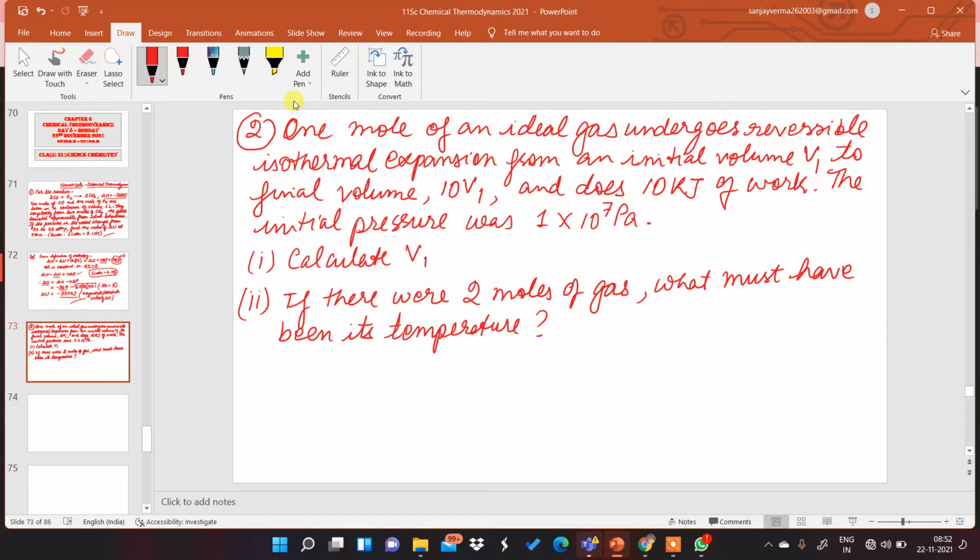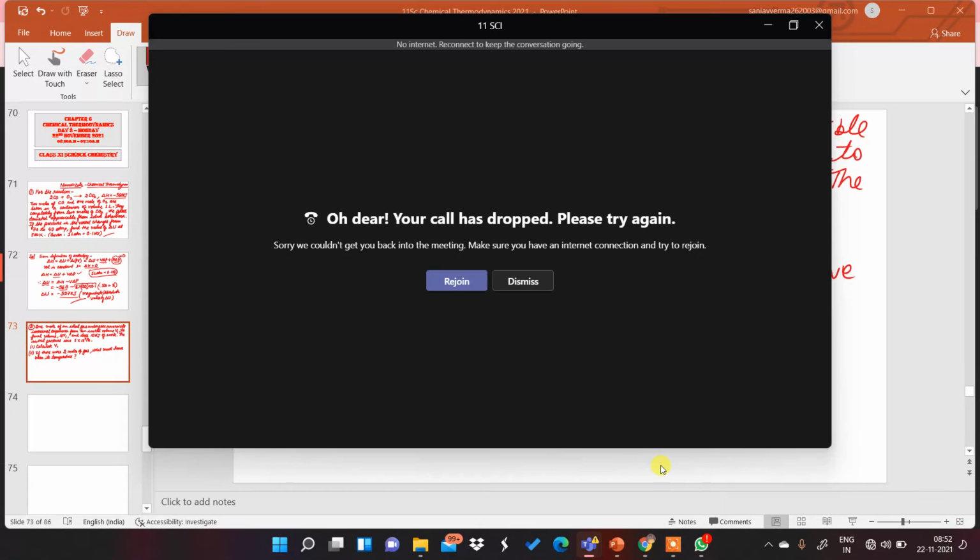Okay, so this is the question. Please copy it so that I will do the working on the next slide. I read the question once more. 1 mole of an ideal gas undergoes, just a second.